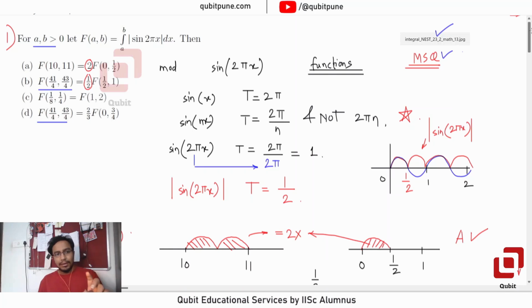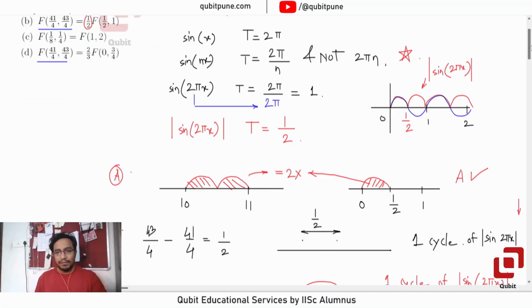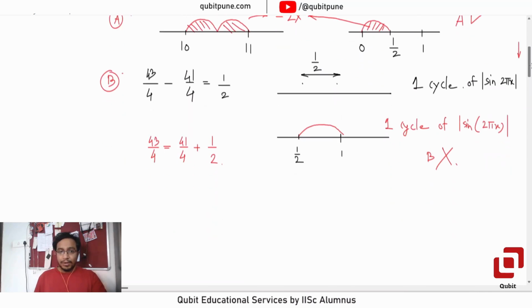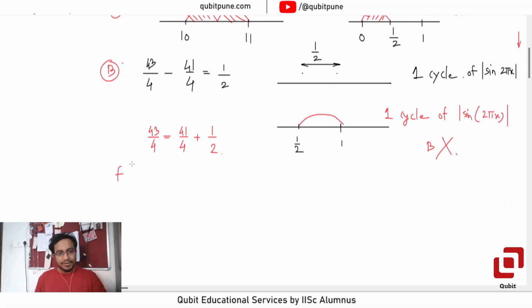Yes? Okay. 41 by 4 to 43 by 4, do you agree that 43 by 4 is 41 by 4 plus half? Now what is the property of periodic functions? This is the property of periodic functions.